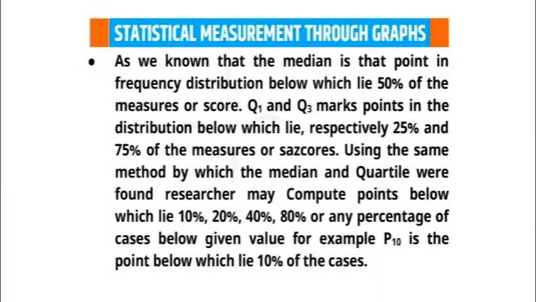As we know, the median is the point in a frequency distribution below which lie 50% of the measures or scores. Q1 and Q3 mark points in the distribution below which lie respectively 25% and 75% of the measures or the scores. Using the same method by which the median and the quartile were found, researchers may compute points below which 10%, 20%, 40%, 80% or any percentage of cases lie below a given value. For example, P10 is the point below which lie 10% of the cases.